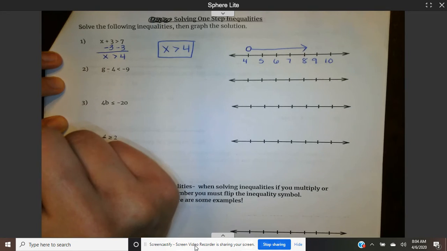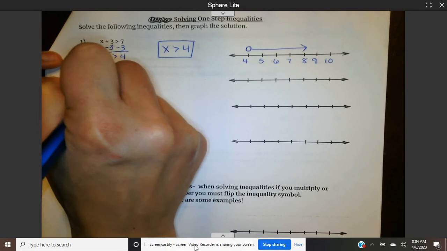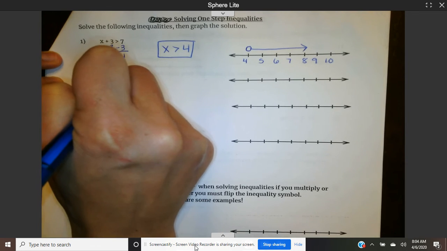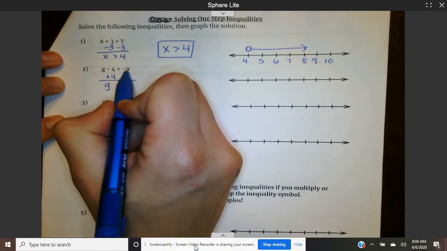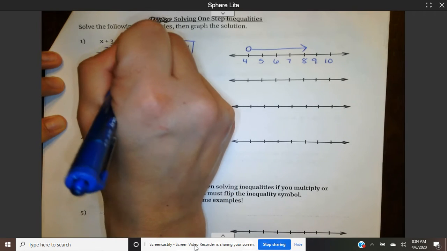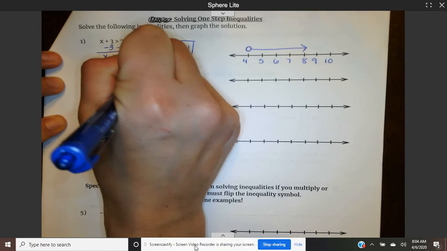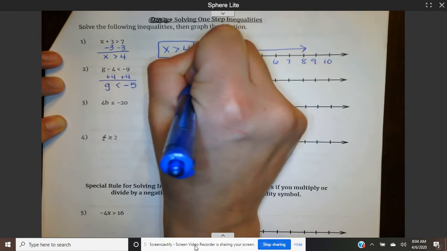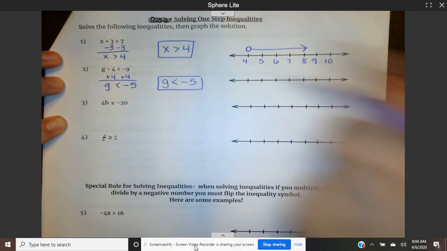Now I have g minus 4, so I'm going to add 4 to both sides. So g is less than -9 plus 4. The negative has a larger absolute value. 9 minus 4 is 5, so it's going to be -5. So g is less than -5.